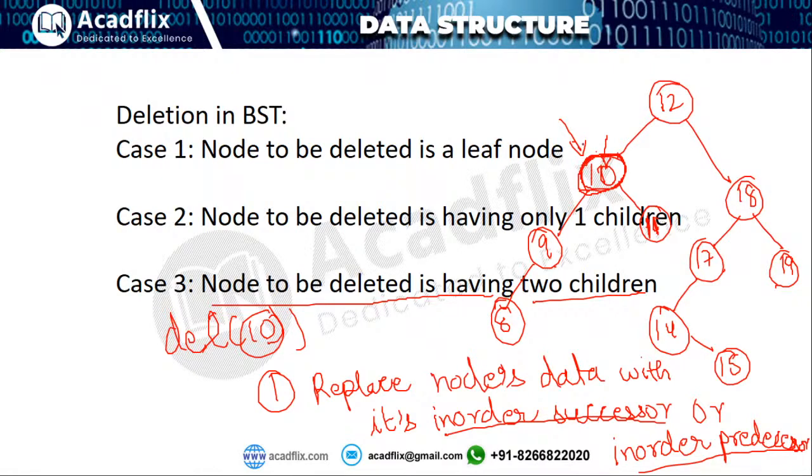Let's say I am doing the in order traversal for this particular tree, and I process 10. Now, what is the next node we are going to process? That would be the in order successor of node 10.